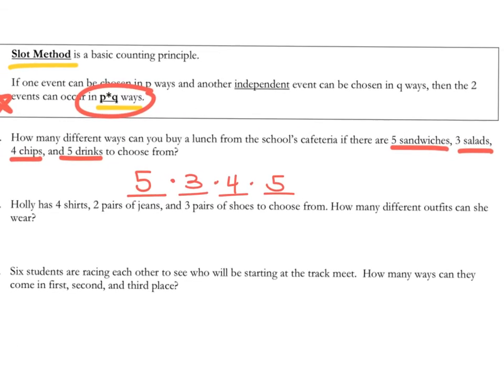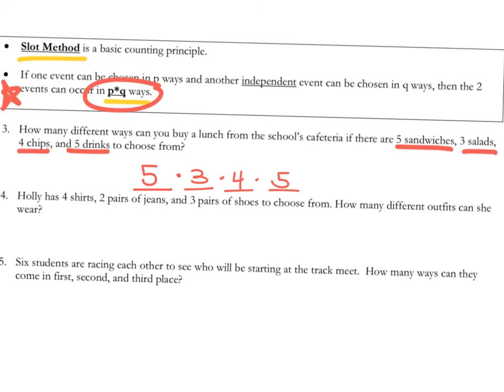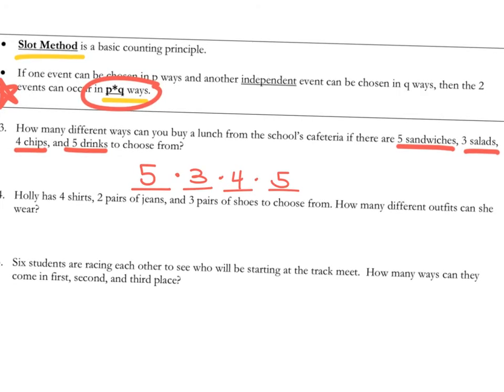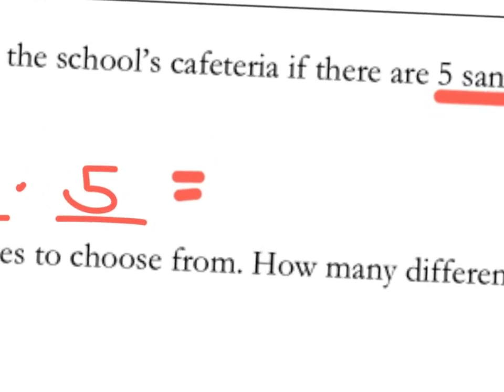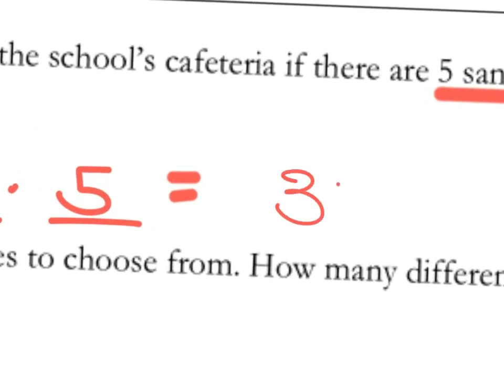So there are 4 different items to choose from, and all I do is write down the number of options there are and multiply those numbers all together. So 5 times 3 times 4 times 5 is 300 different combinations, or different lunches, that I can actually make.